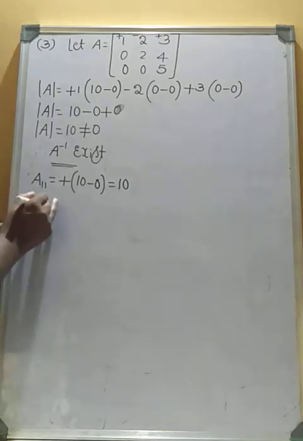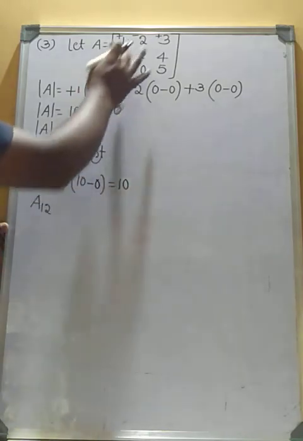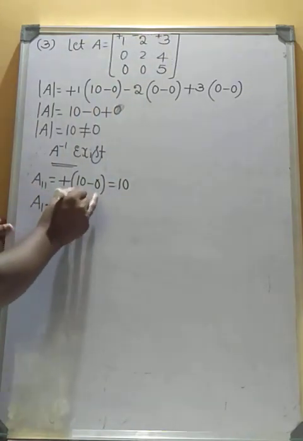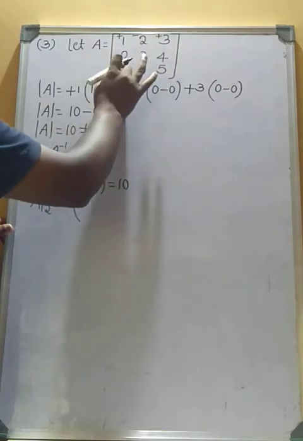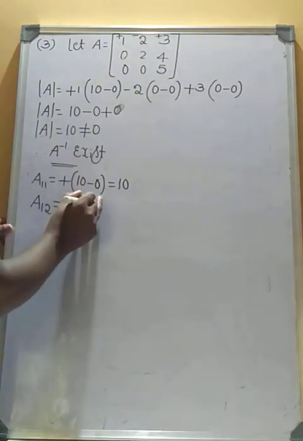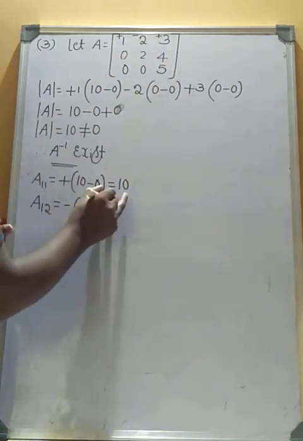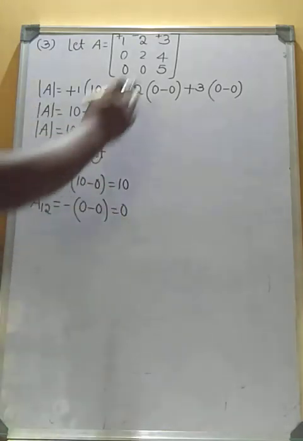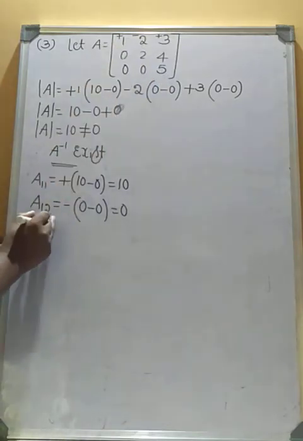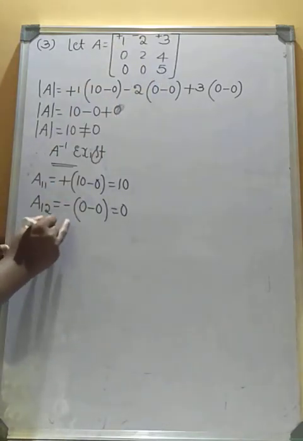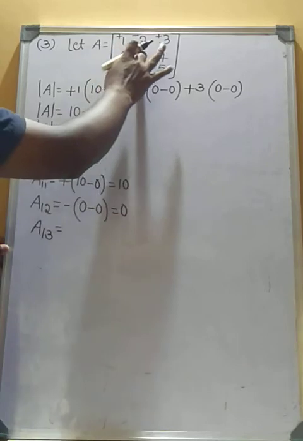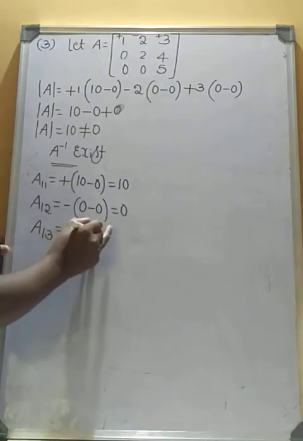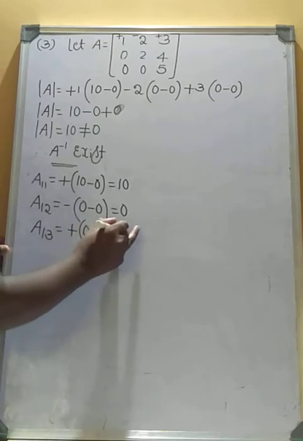The next, find the cofactor of the element 2. Take sign minus, 0 4, 0 5: 0 5s are 0 minus 0 4s are 0, which is equal to 0. The next, the cofactor of the element 3, that is A13, is 0 2, 0 0. Take sign plus, 0 minus 0, which is 0.